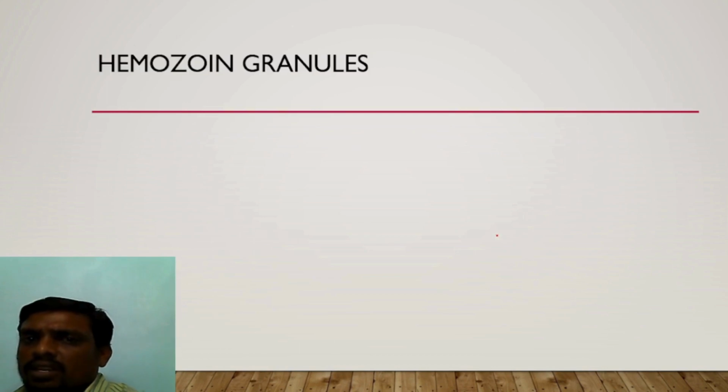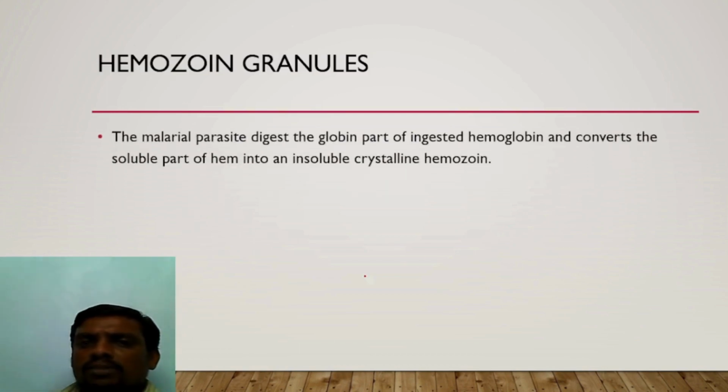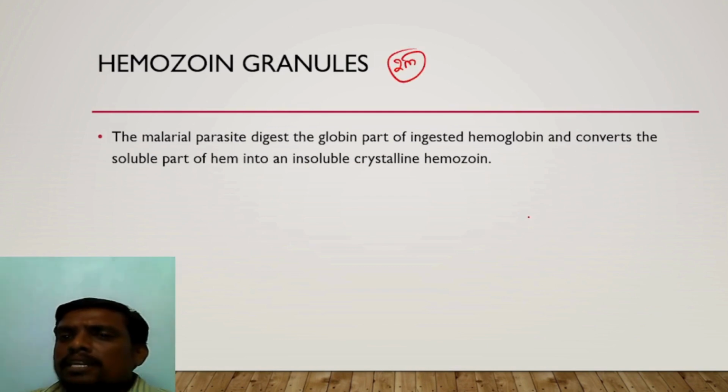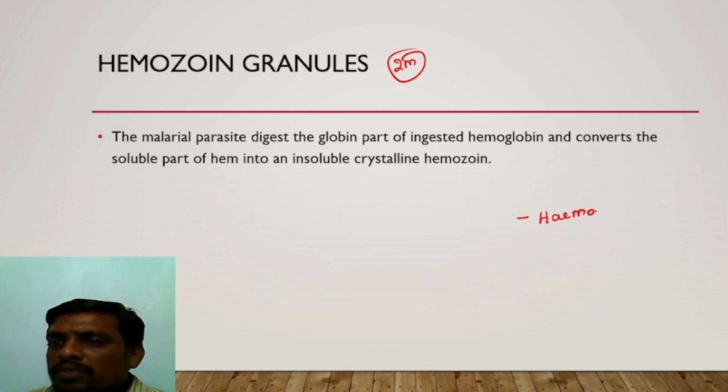Then after this, what are hemozoin granules? This is also one of the important questions. The malarial parasite generally digests the globin part of hemoglobin, right?